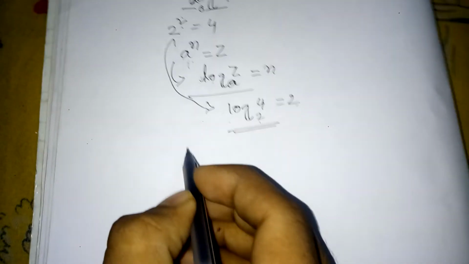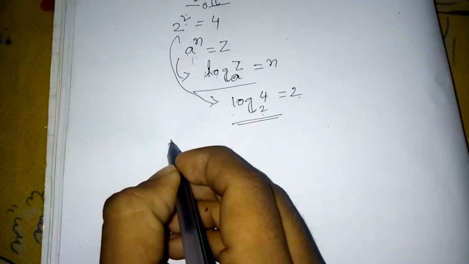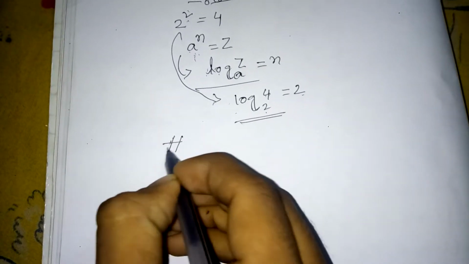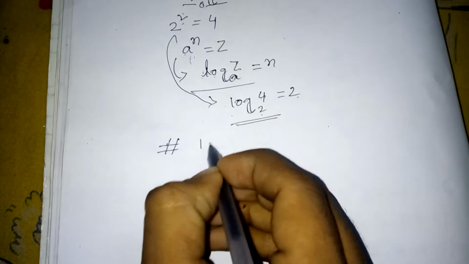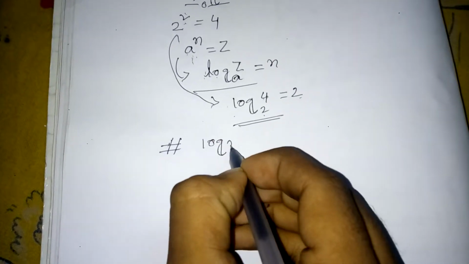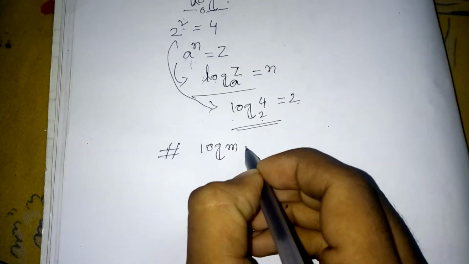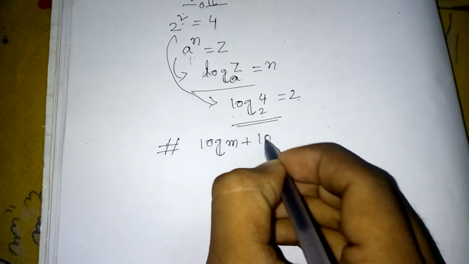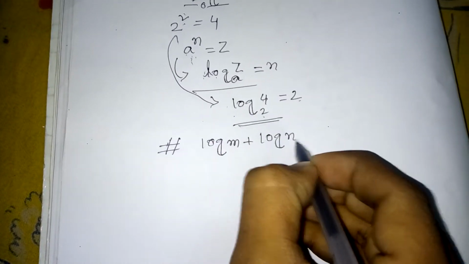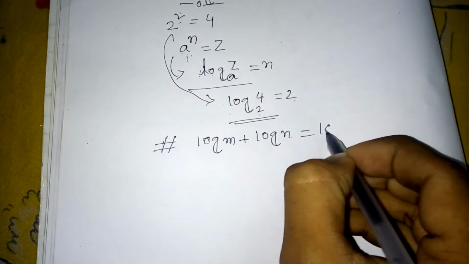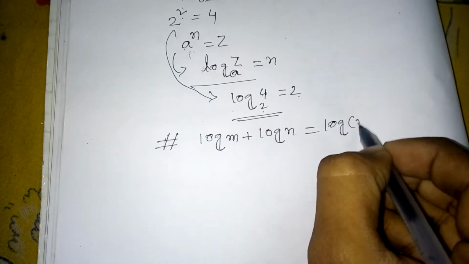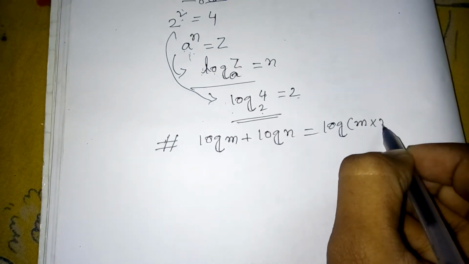Now we will discuss some formulas. The first formula: log of m plus log of n is equal to log of m into n.